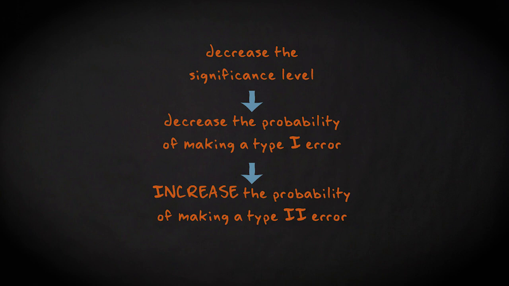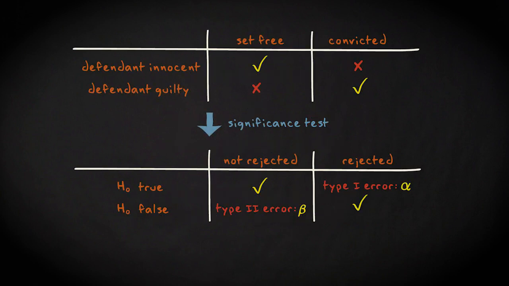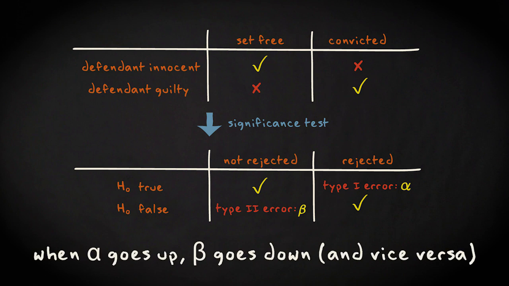The probability of making a type 2 error is what we call beta. It's complicated to compute beta. It depends on various factors, such as the value of alpha, the sample size, and the true value of the parameter. For that reason, we won't compute the value of beta here. But it is important that you realize that when we try to decrease the probability of one type of error, the probability of the other type increases.